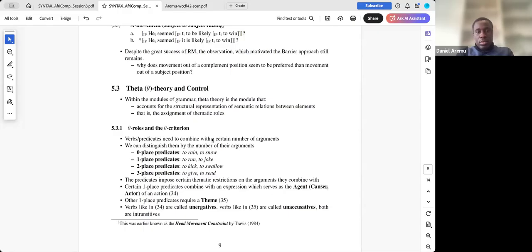Tones level. Yeah, that's just a very simple gloss.